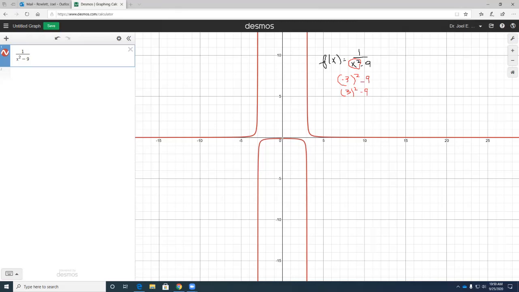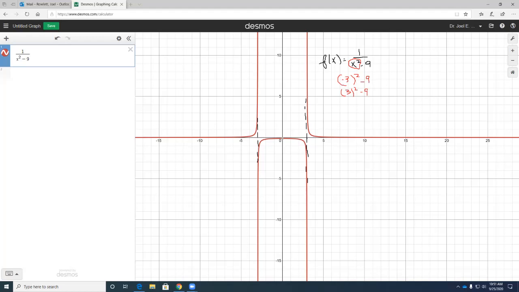And if you take a look at the graph, we have the same scenario as before. If you look here where x is equal to +3, we have a vertical asymptote. And if I zoomed in again, you would notice that the graph never touches that line x is equal to +3, nor does the graph touch the line x is equal to -3. I'm not going to zoom in this time because I showed that to you in the last slide.